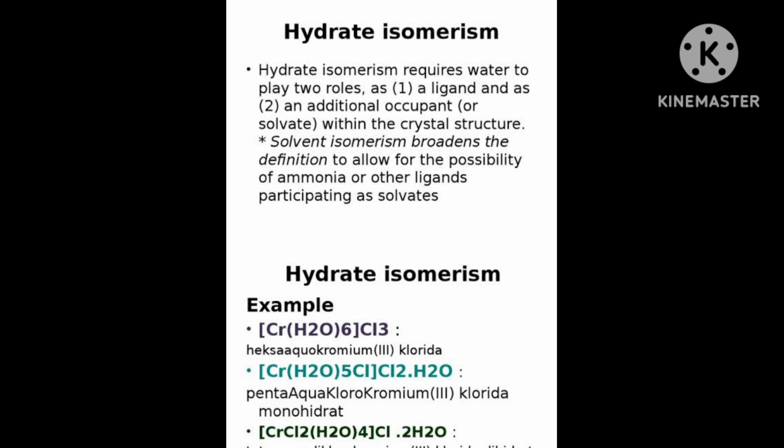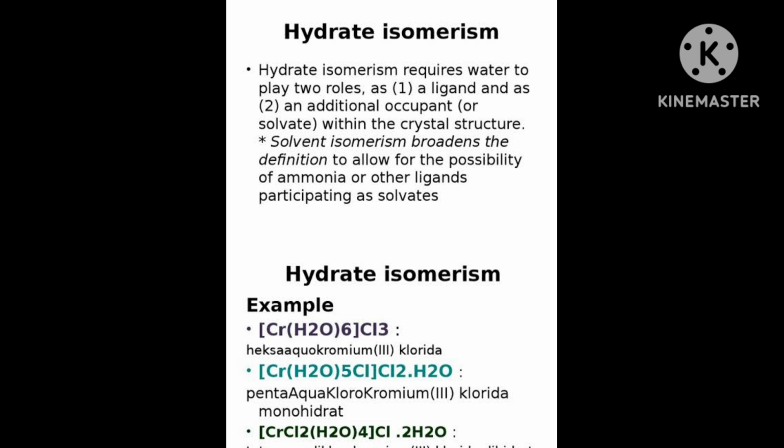Here there is a change in coordination, means cation and anion. In a complex compound, cation will be there, anion will be there. Cationic and anionic entities usually interchange ligands.